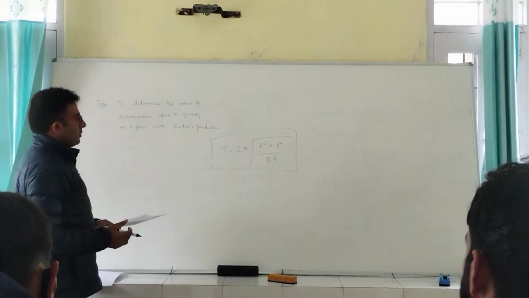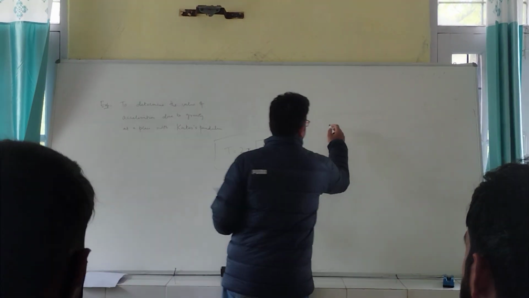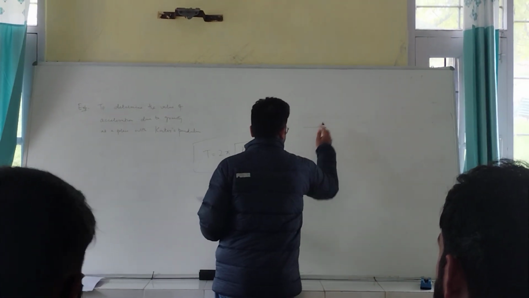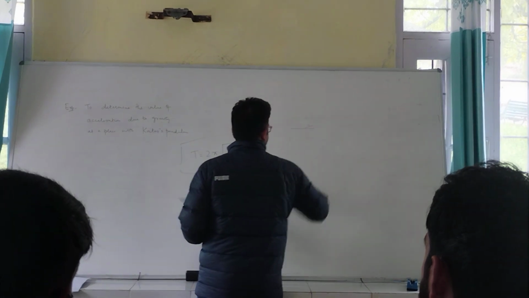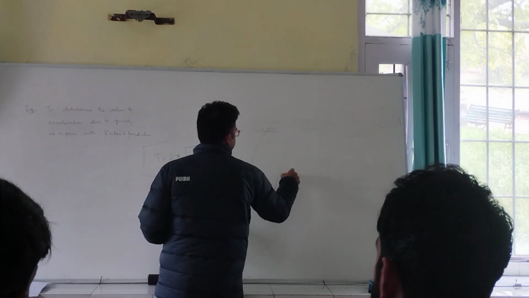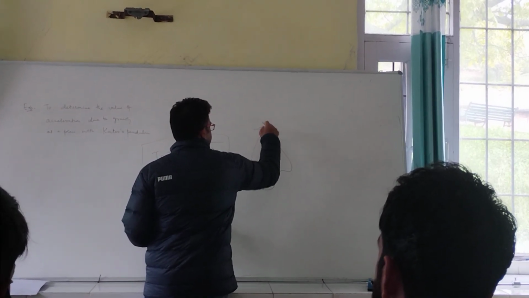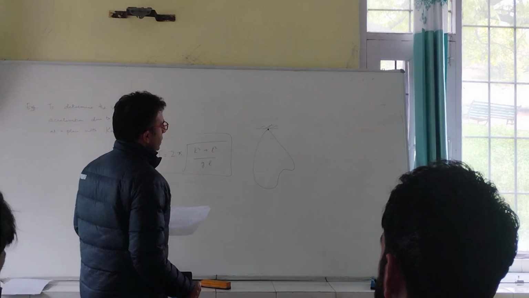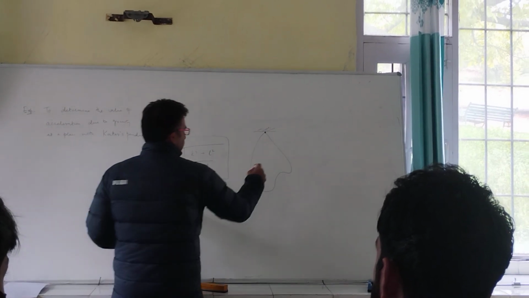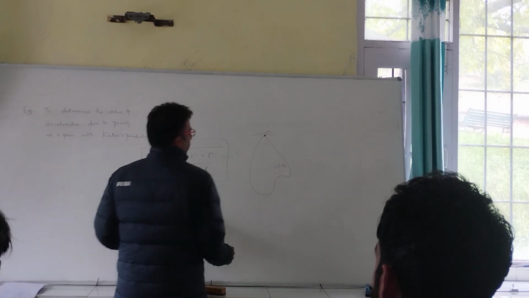2 is constant, pi is constant. We said if there is a compound pendulum of any shape, for example some arbitrary shape, you pivot it at some point. When you pivot it, there is some point called the center of gravity.